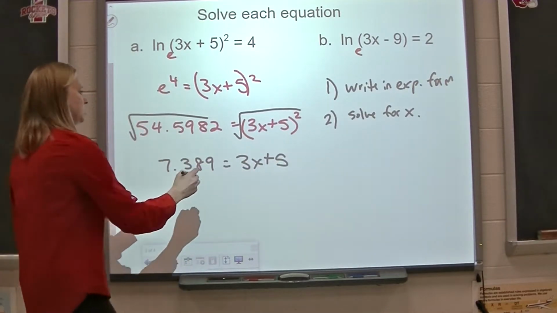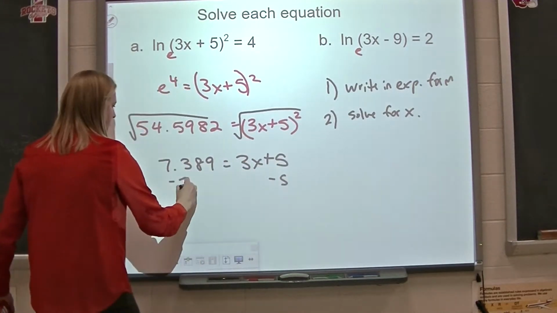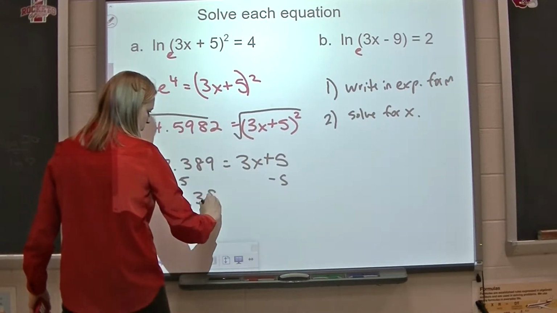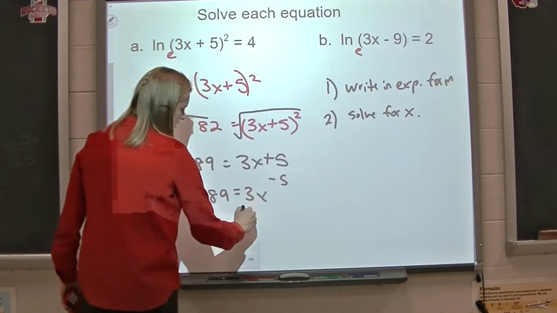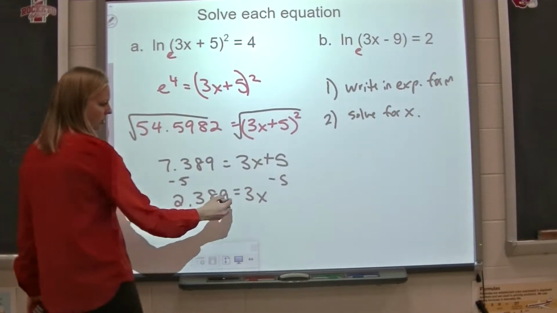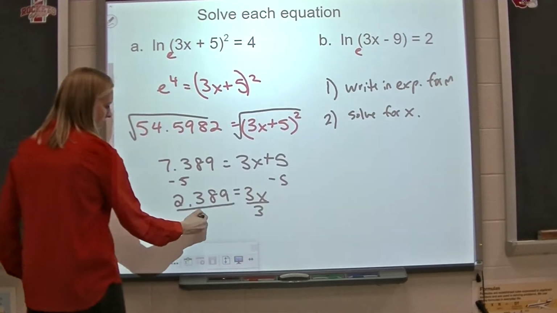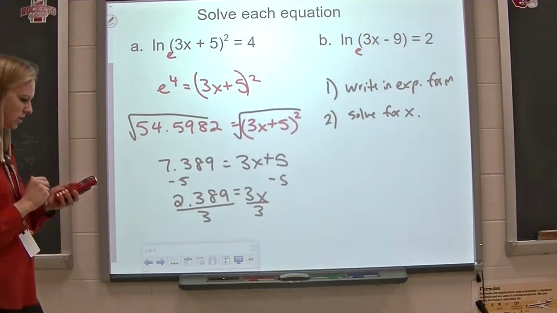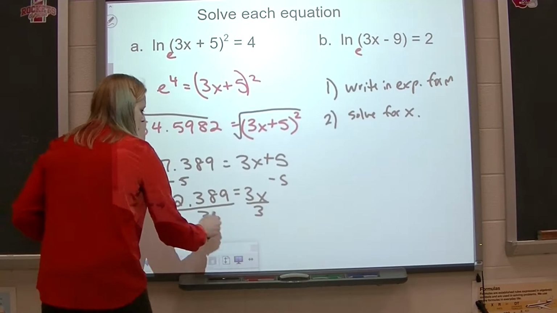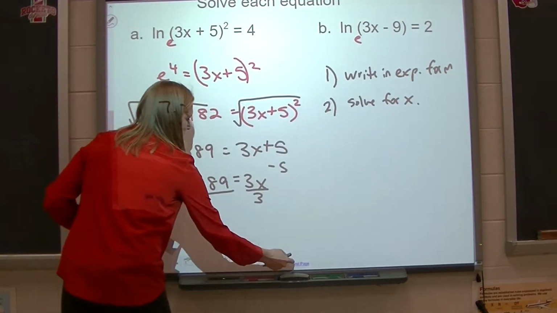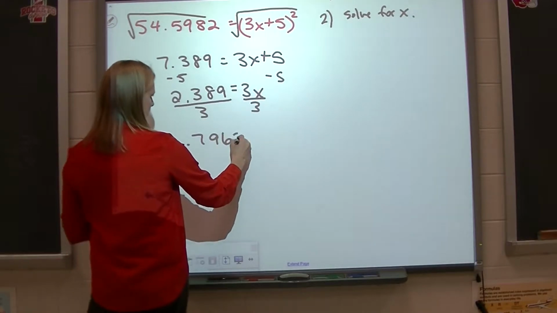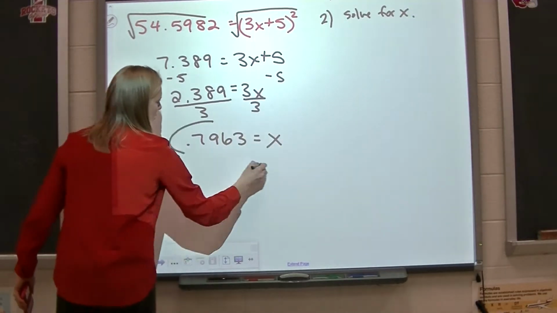So then we would subtract 5 from both sides, and again, I'm still solving for x. And here it's 2.389 equals 3x. So here again, still solving for x, we would divide everything by 3. So 2.389 divided by 3 is 0.7963, is our x.